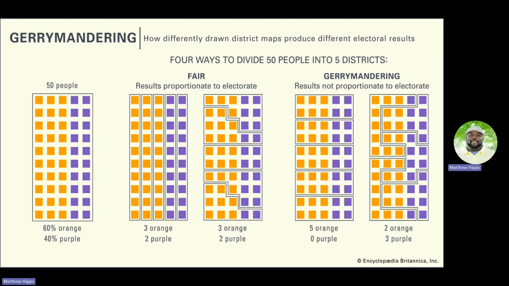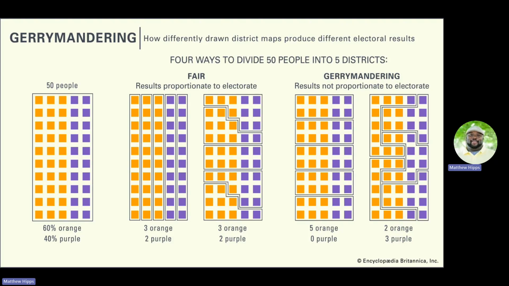This graphic shows the idea of how you can take a district that has 60% orange and 40% purple, and if you're trying to be fair and equitable, there should be 3 orange districts and 2 purple districts. That mirrors the population.